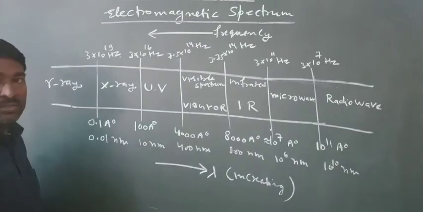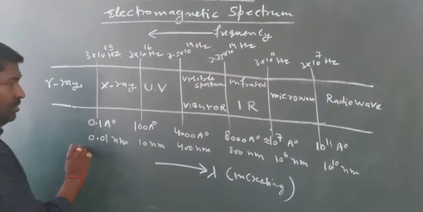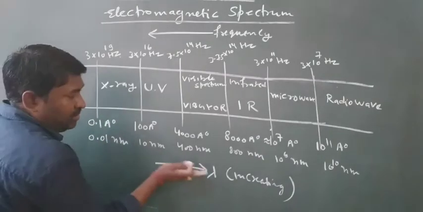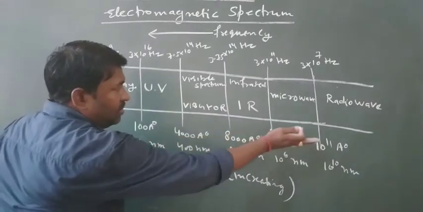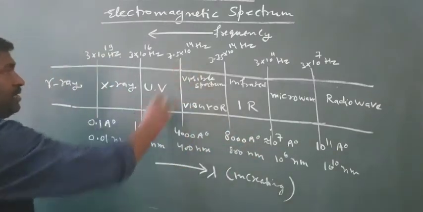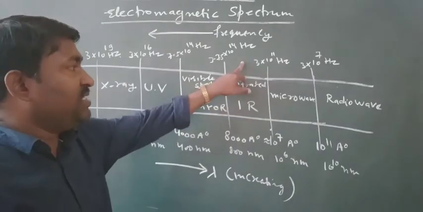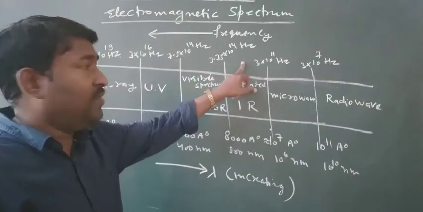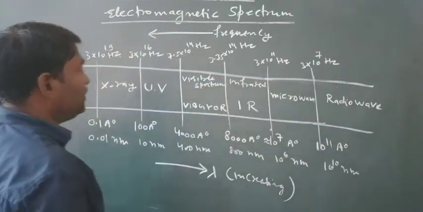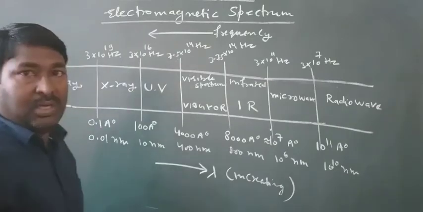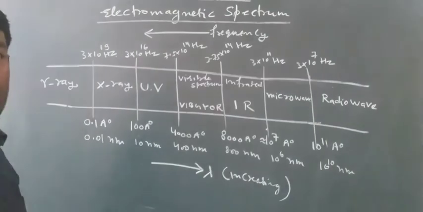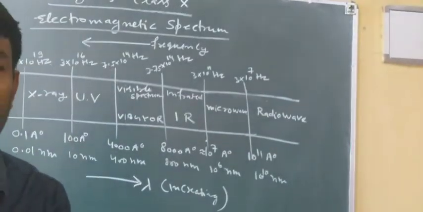Here it is quite clear that we have taken the increasing order of wavelength, while on the upper side I have written their frequencies. The relation I would like to show in a corner.